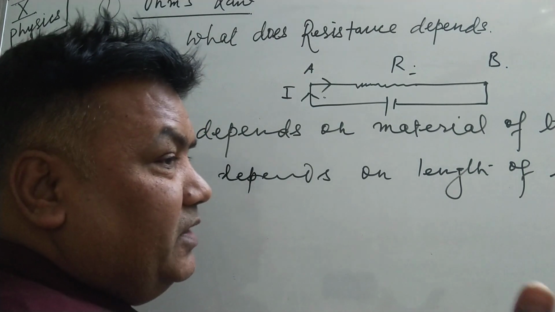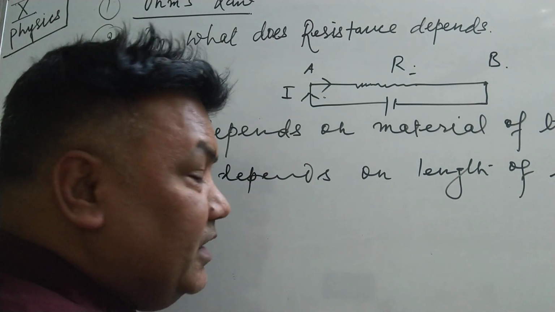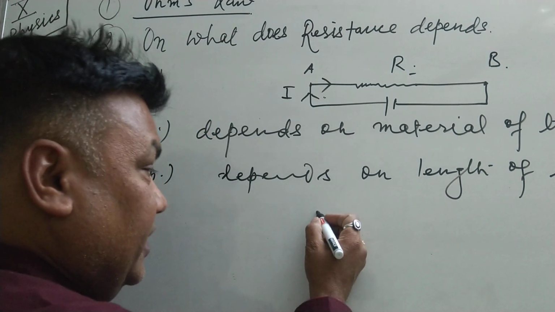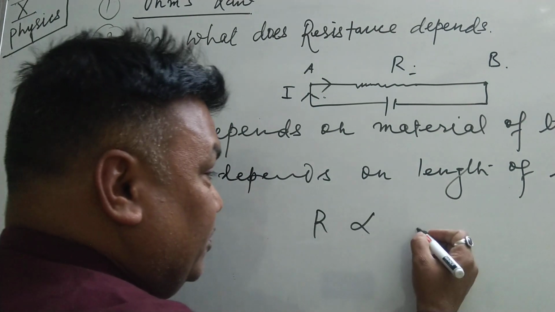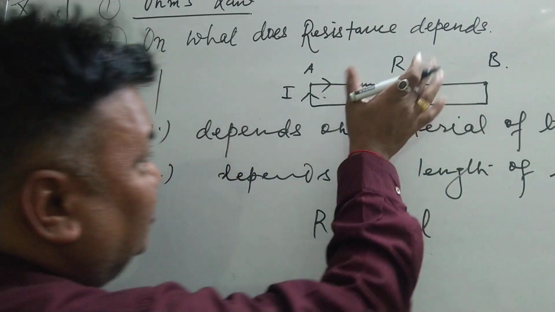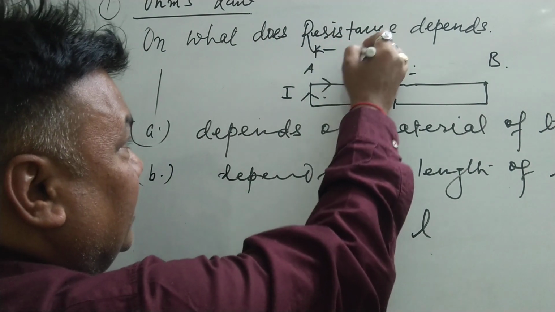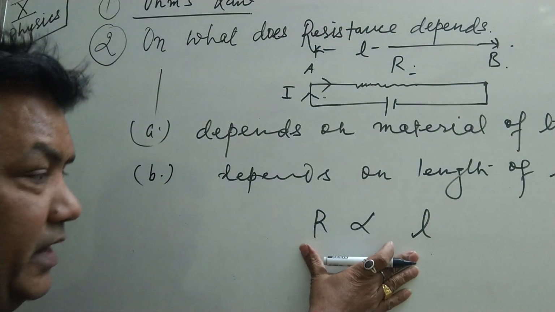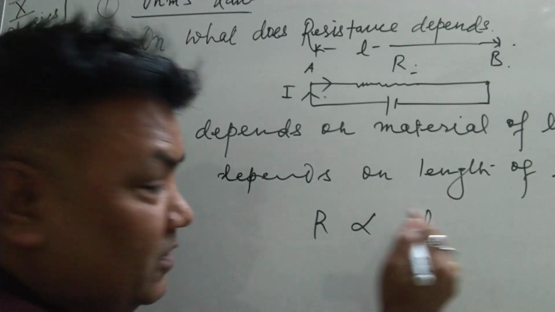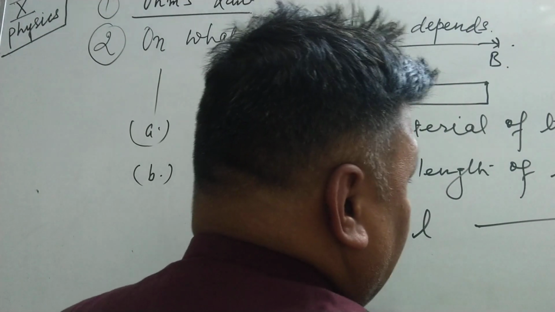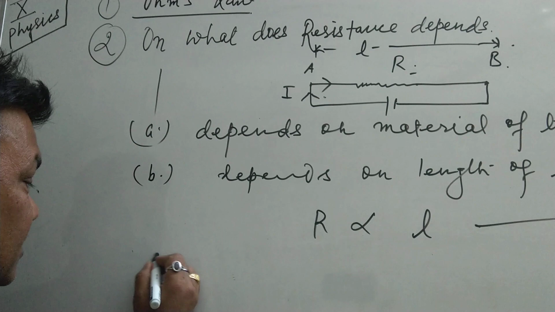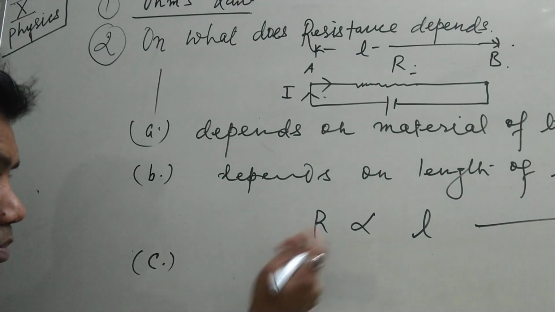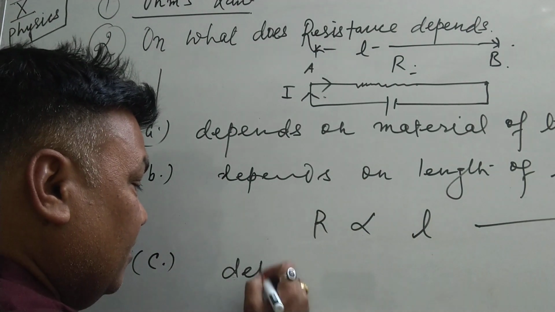Suppose any wire having length L, it is directly proportional to the length. So R is directly proportional to L. So R is directly proportional to the length of the wire. So this is equation number first.